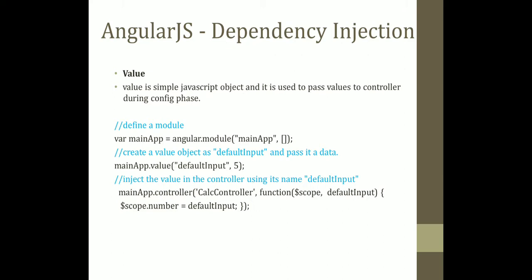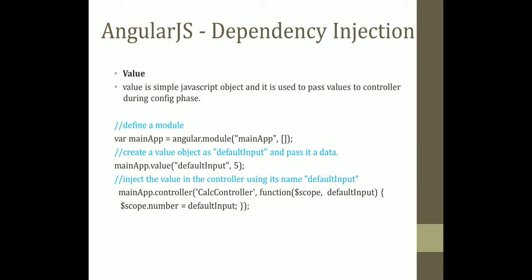Value is a simple JavaScript object and it is used to pass values to a controller during the config phase. So value, it is an object and it can be a number, a string or a JavaScript object. It is used to pass the value to a controller, service or factory in the config or run phase.